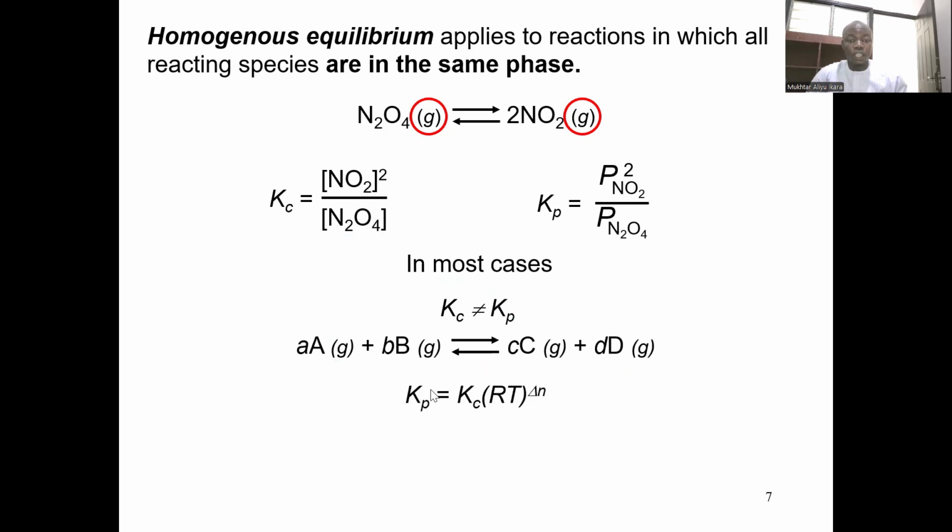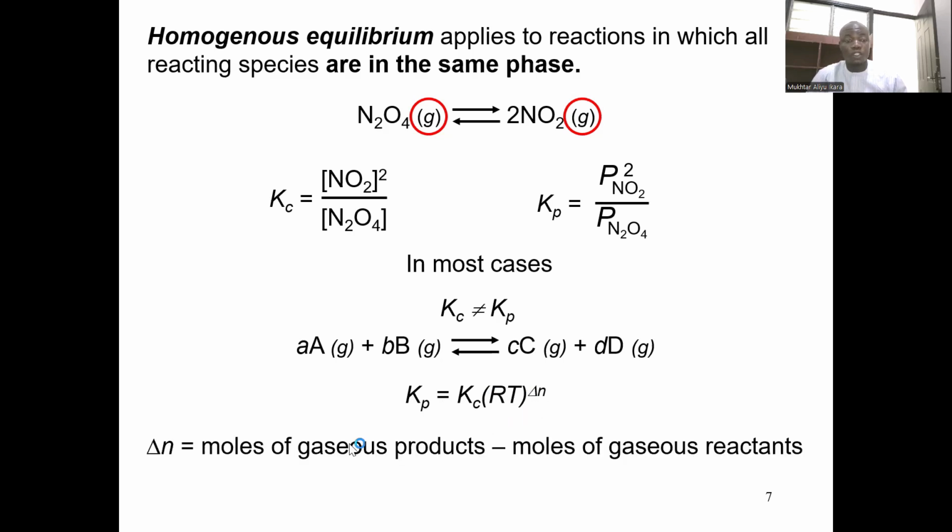The relationship between Kc and Kp is that Kp is equal to Kc times, open bracket, the molar gas constant times temperature, close bracket, raised to the power of delta n. And this delta n means the change in the number of moles: the number of moles of gaseous products minus the number of moles of the reactant.